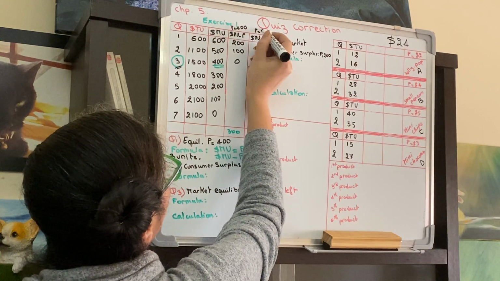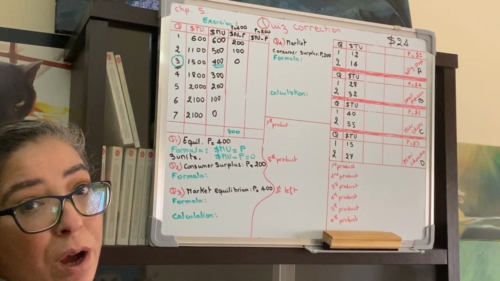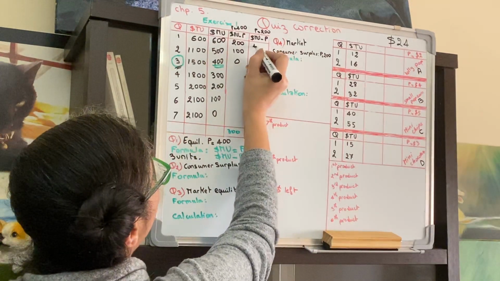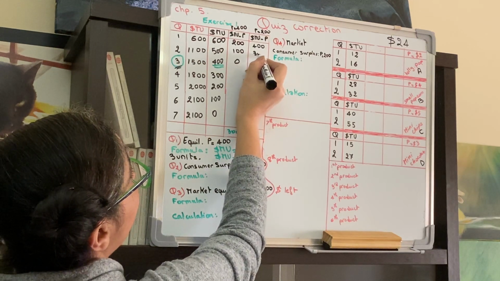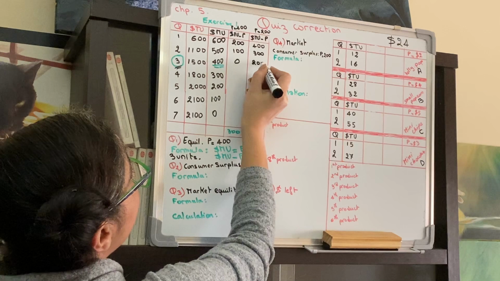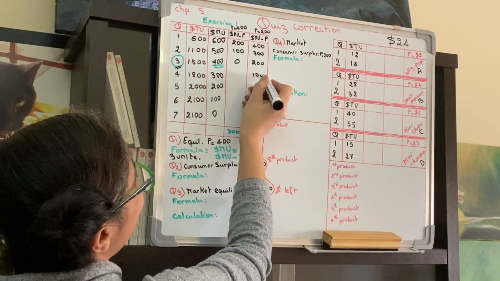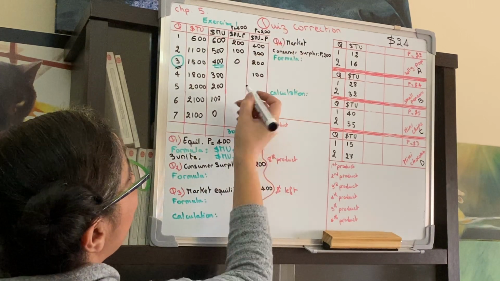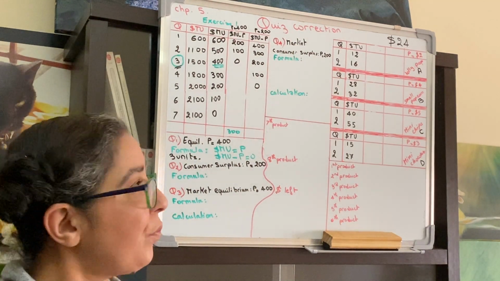So P is equal to 200, and let's start. So 600 minus 200 is going to give me 400. 500 minus 200, it's 300. 400 minus 200, it's 200. 300 minus 200, it's 100. And 200 minus 200 is 0. So we stop at 0.